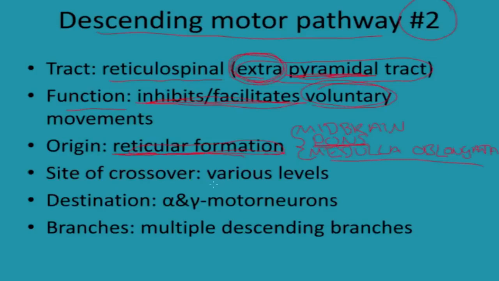They cross over at various levels, and their destination is the alpha and gamma motor neurons. This tract does give off several branches. There are multiple ones at different levels during their descent.